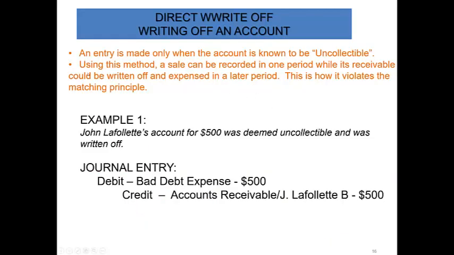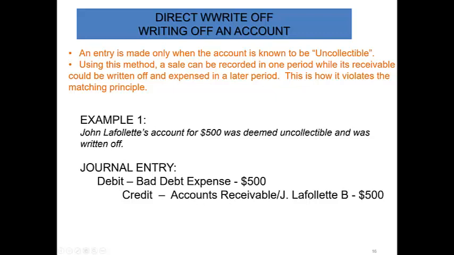All right, so here it says that an entry is made only when the account is known to be uncollectible. Okay, so John's account for $500 was deemed uncollectible and was written off. Okay, so here are our keywords here, written off. So that means we're going to credit accounts receivable because we're writing that account off our books.